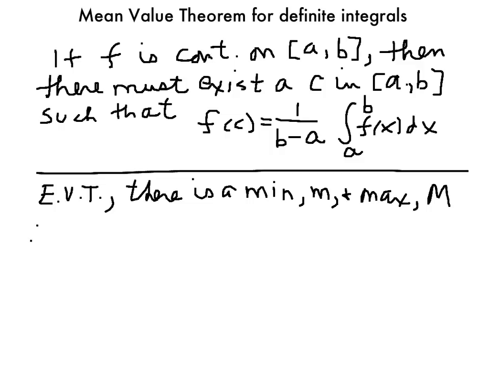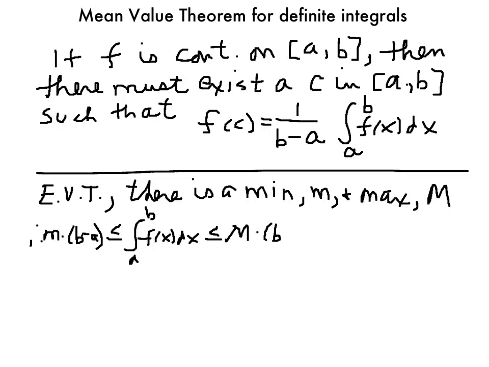So therefore, what we can do is say that the area under this curve from a to b has to be greater than or equal to the little rectangle with m as the height, and less than or equal to the rectangle that has capital M as its height.